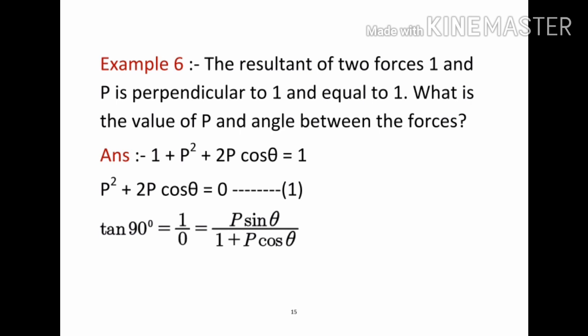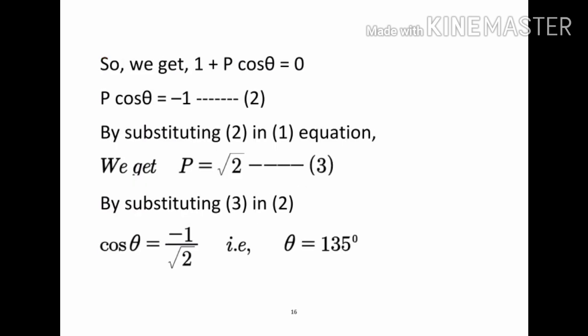So based on that, we can get tan 90 degrees is equal to 1 by 0, that is equal to p sin theta by 1 plus p cos theta. Then we can get 1 plus p cos theta is equal to 0. That implies p cos theta is equal to minus 1. That is taken as the second equation.